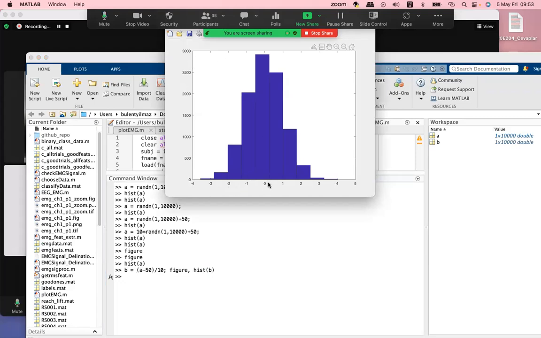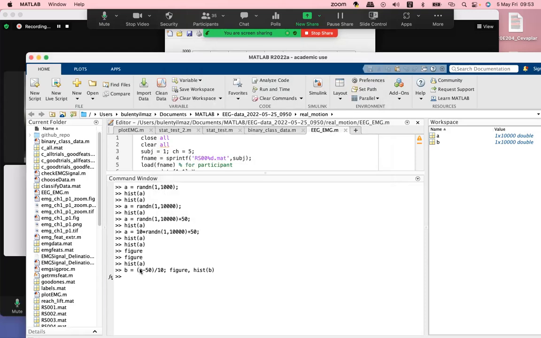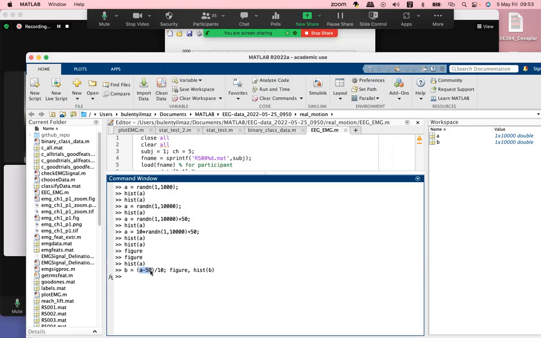Now the distribution is 0 mean, 1 standard deviation. It was 50 mean and 10 standard deviation. Now it is 0 mean, 1 standard deviation. How did I do it? I subtracted the mean from all numbers, divided by the standard deviation, and obtained a new random variable.